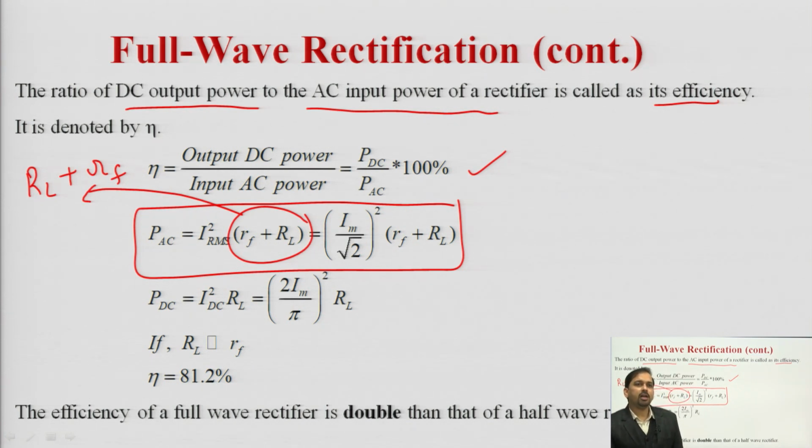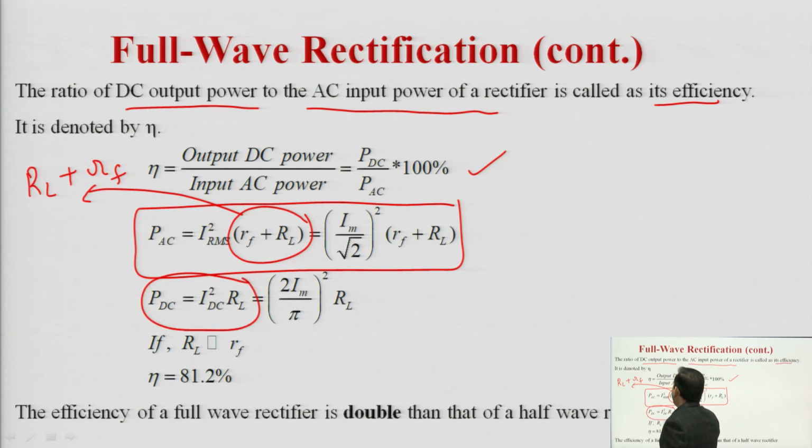We are already aware that this RF is very small during forward bias of the PN junction diode, and if it is ideal then this value is equal to 0. And PDC is IDC square multiplied by RL. So we use the assumption that RL is very large in comparison with the internal resistance of the diode.